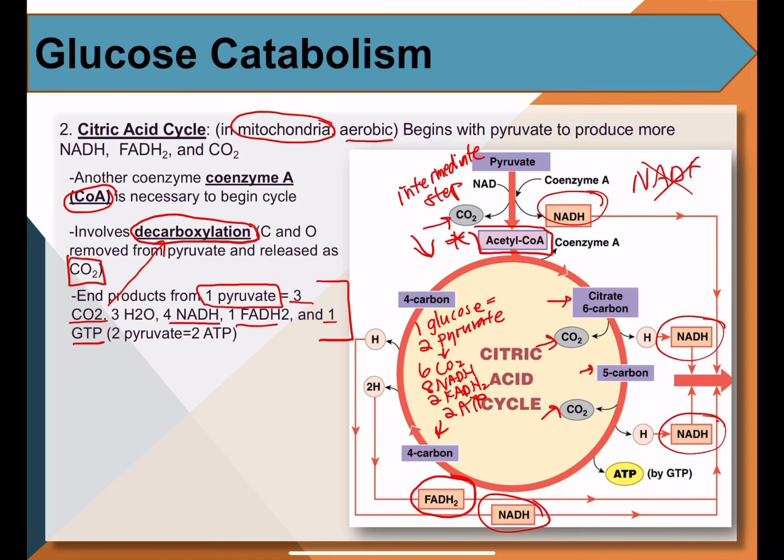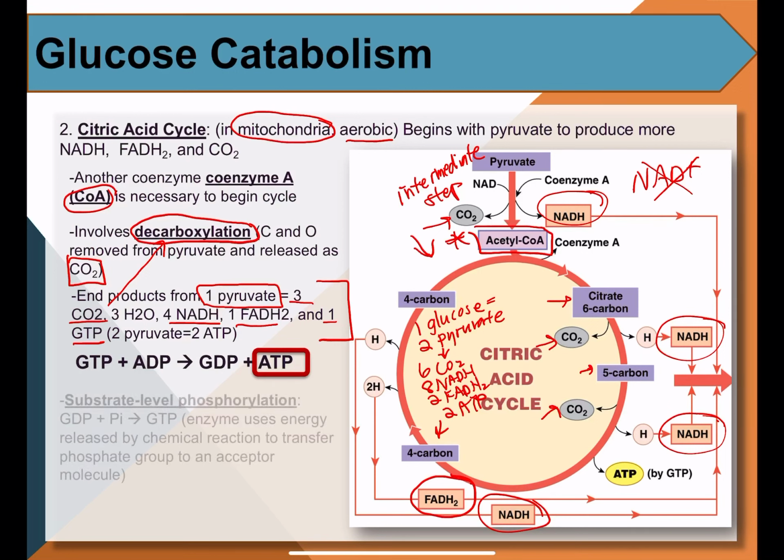Now, it doesn't matter that GTP is made instead of ATP here because ultimately it can be used to make a molecule of ATP as well, through what's called substrate level phosphorylation.